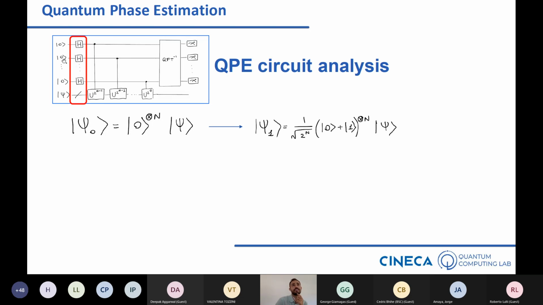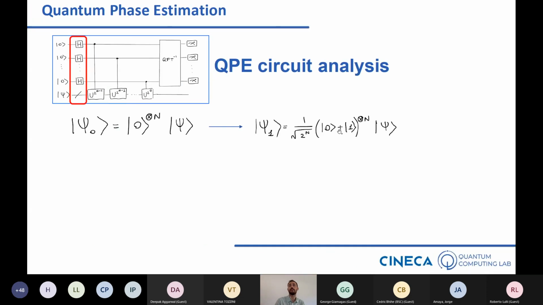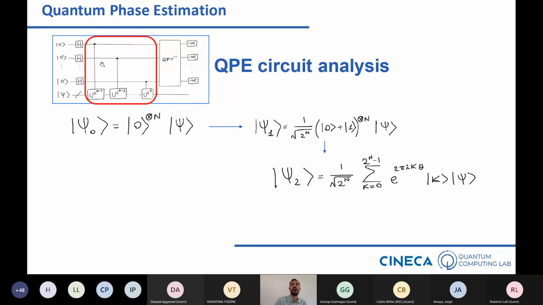It's again the Hadamard on all the qubits that were in 0, and you get something like this, times psi. After the application of this controlled U gate, you are left with this state.